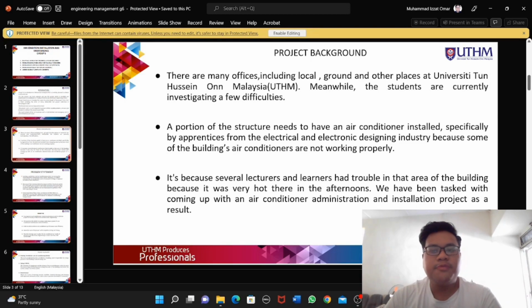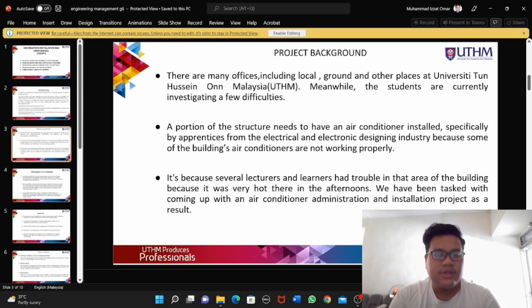Okay, for the next part, which is the project background. First, there are many offices, including local, ground, and other places at University Tun Hussein Onn Malaysia or UTHM. Meanwhile, the students are currently investigating a few difficulties. A portion of the structure needs to have an air conditioner installed, specifically by apprentices from the electrical and electronic engineering industry, because some of the buildings' air conditioners are not working properly.